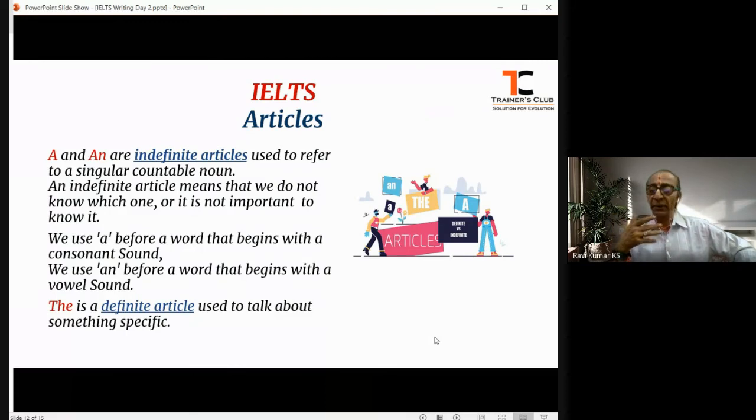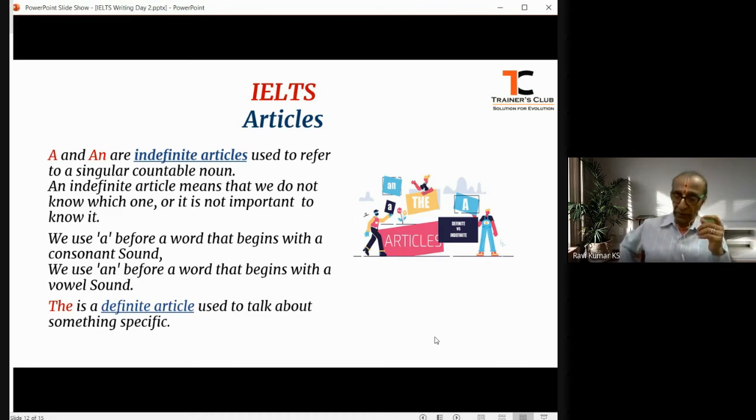Similarly, an is used wherever a noun or a word begins with a vowel, or if the word begins with a consonant but when we pronounce it the sound begins with a vowel. Like an apple, an orange, an ink pot, an ice cream, an egg, an umbrella.